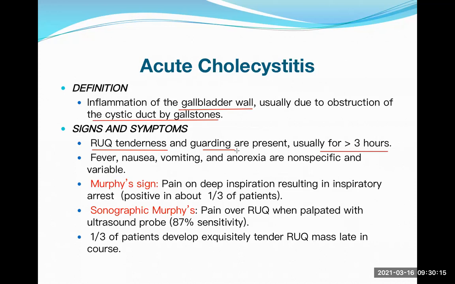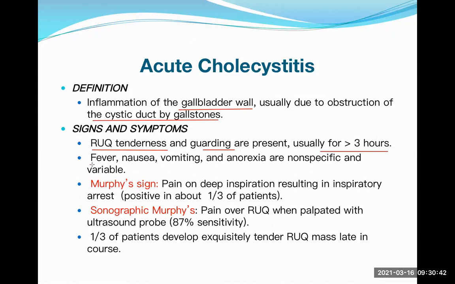But that colicky pain may be converted into continuous type of pain when parietal peritoneum is involved. The fundus of the gallbladder is covered by parietal peritoneum. So if that is involved, then that colicky type of pain will be converted into the continuous pain. A bit like acute appendicitis, a similar type of situation.